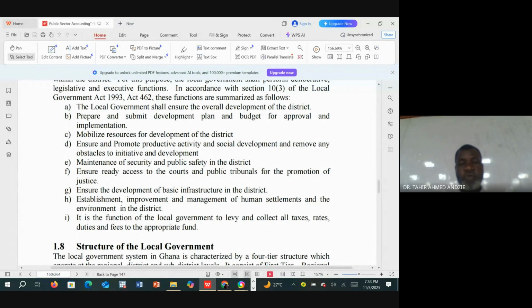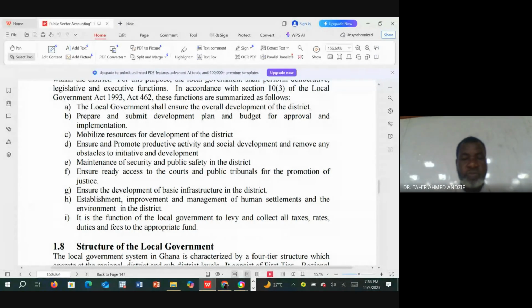You see, if you don't get a district chief executive who is well educated and business inclined, somebody just going to follow political ideology, you will not develop, because this assembly is given the autonomy to enter into business and raise revenue. Because remember, we have various forms of administration, various forms of decentralization. So if you have somebody who has that know-how, he will be able to ensure and promote productive activity.